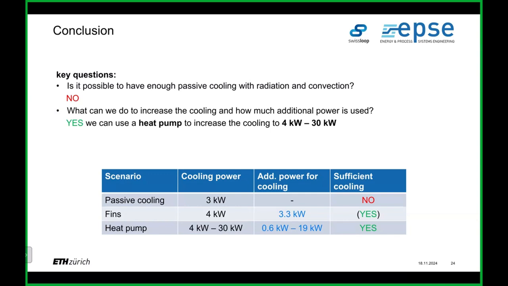And the fins are not really a good solution, but with them it's also possible to reach 4 kilowatts of cooling power. And you can also see this in this table.